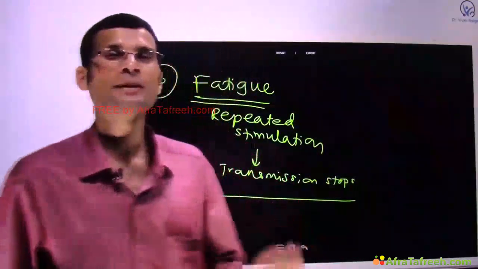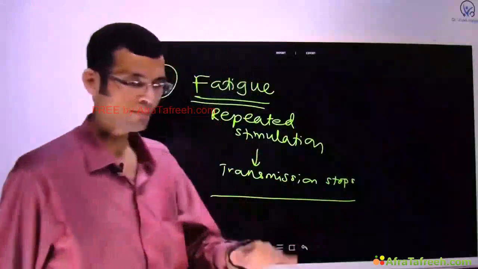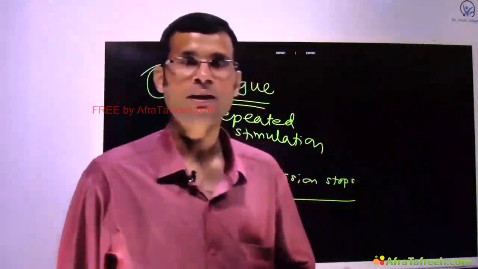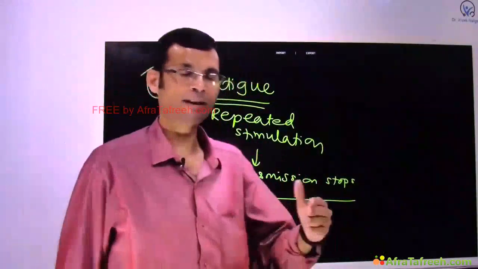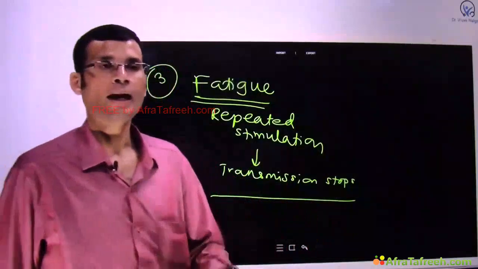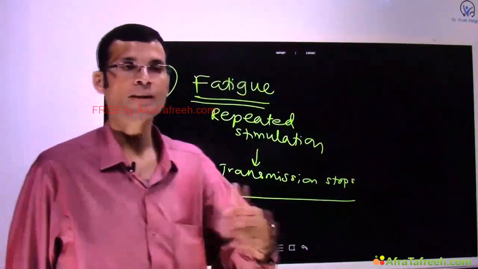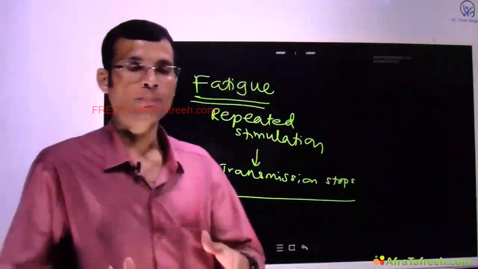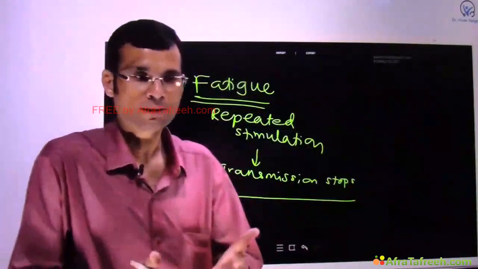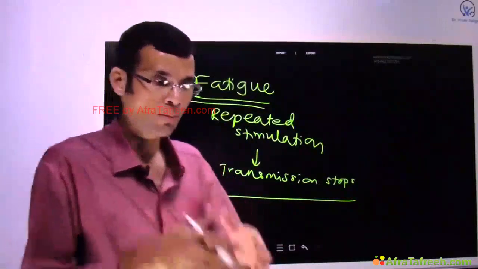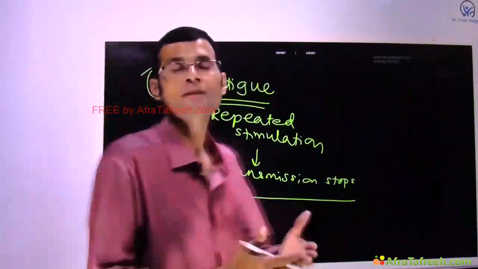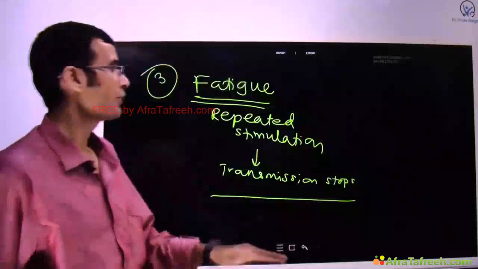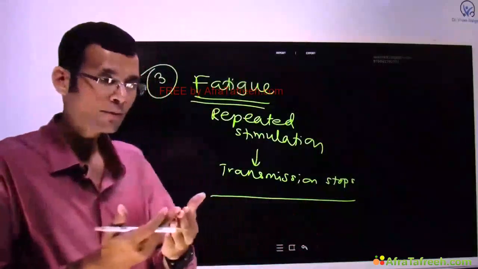Most of us experience this property in our routine lives as well. For instance, imagine there is an exam and we have been studying for the exam day and night. On the previous night also, you have been studying. On the morning of exam, you are reading for the exam, and then you enter the exam hall like this, reading.